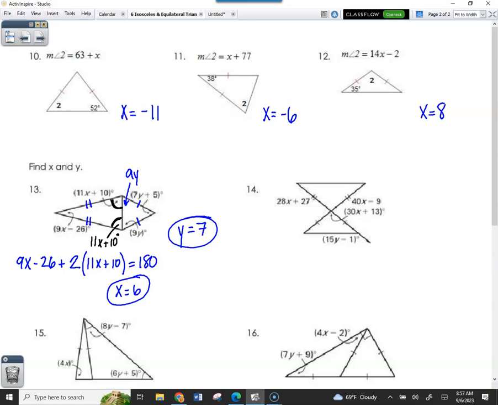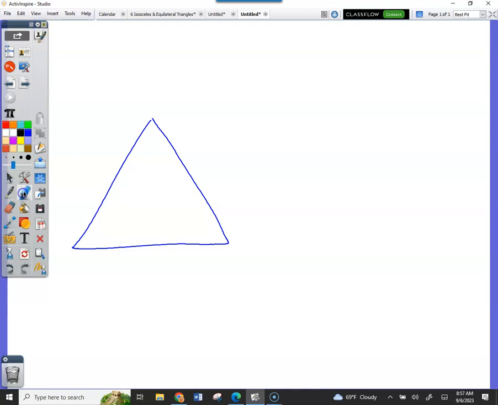When I say parts of a triangle, I mean we have the length of the sides, or we have the angle measures.